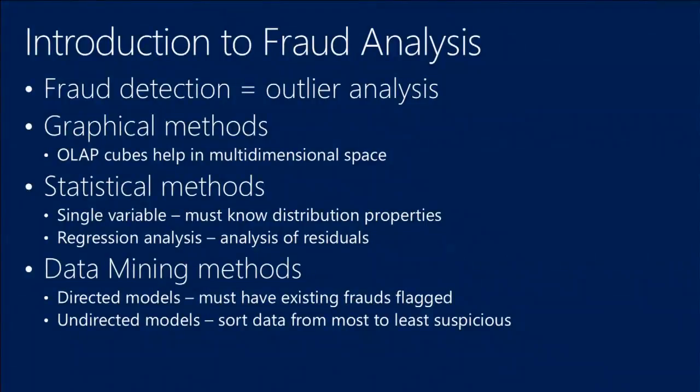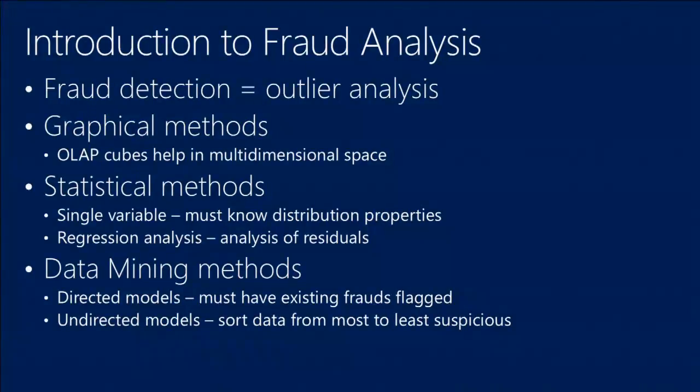If not, you can still use undirected models. It simply means you are trying to find any kind of groups of transactions and then find those transactions that do not fit well to any of the groups. Still, you get a better result than by just, let's say, randomly selecting transactions to check.